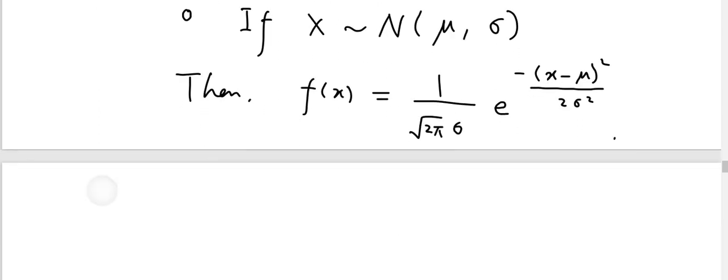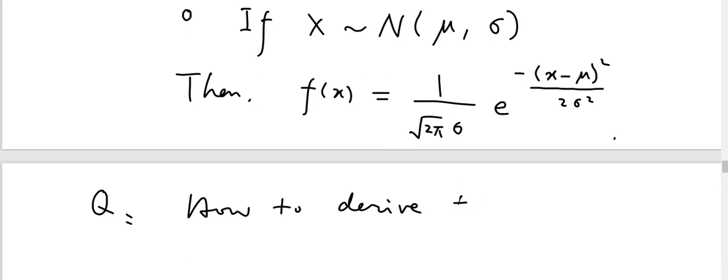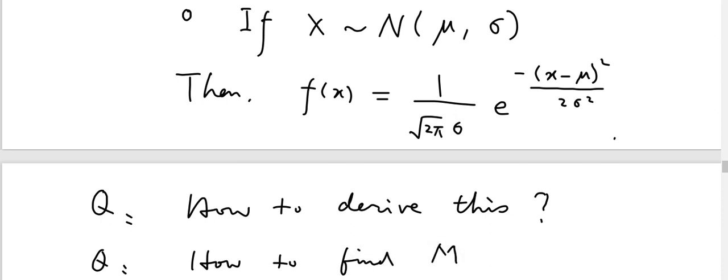And if the density function is this, how do we find the moment generating function for the normal distribution?